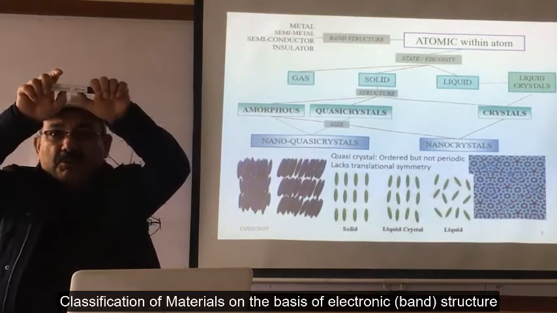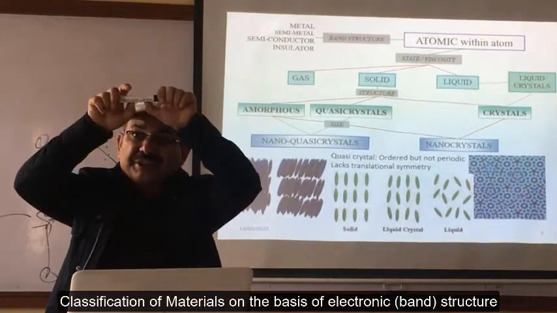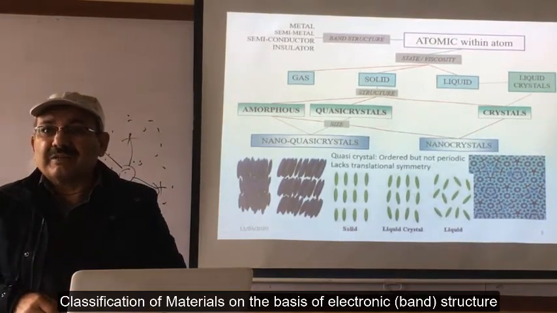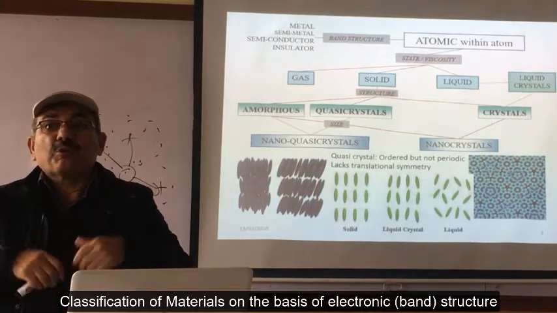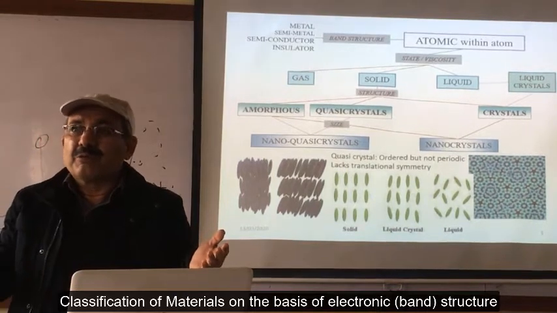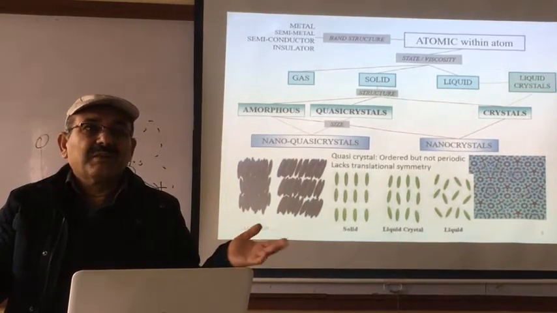I force this to break. If it is a brittle material, it will break. If it is a metallic material, metallic means ductile material, which can undergo plastic deformation, elastic deformation without breaking, I call it metal.